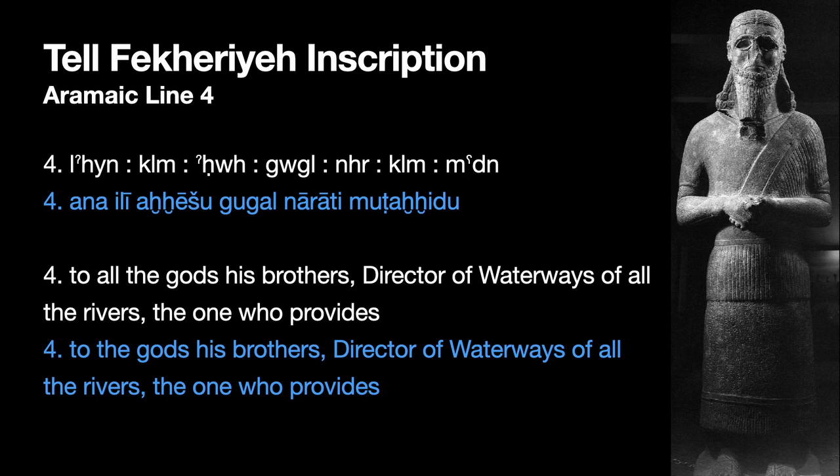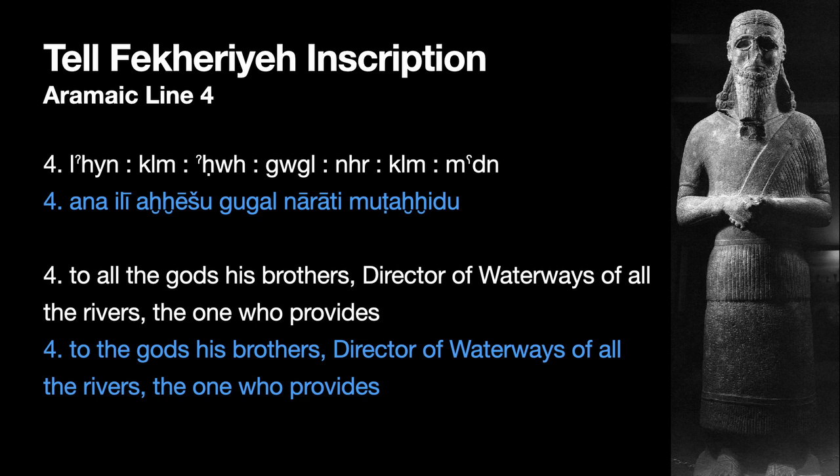So now let's go ahead and look at line 4. I'm going to read the Aramaic in white on top first. Lela hin kulum ahwahu, Google nahar kulam ma'adan. And now the Akkadian below. An ili acheshu Google narati muttaqidu.